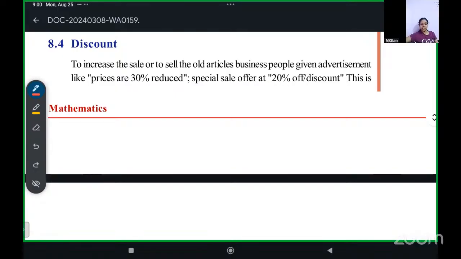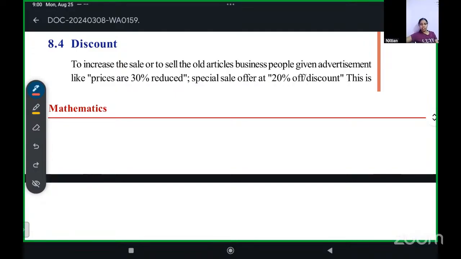We have time, Abraham, time is not a problem. Ma'am, I'm saying one question will take a lot of time for one student. Suppose if we keep discount questions, I may not be able to answer in a short amount of time.